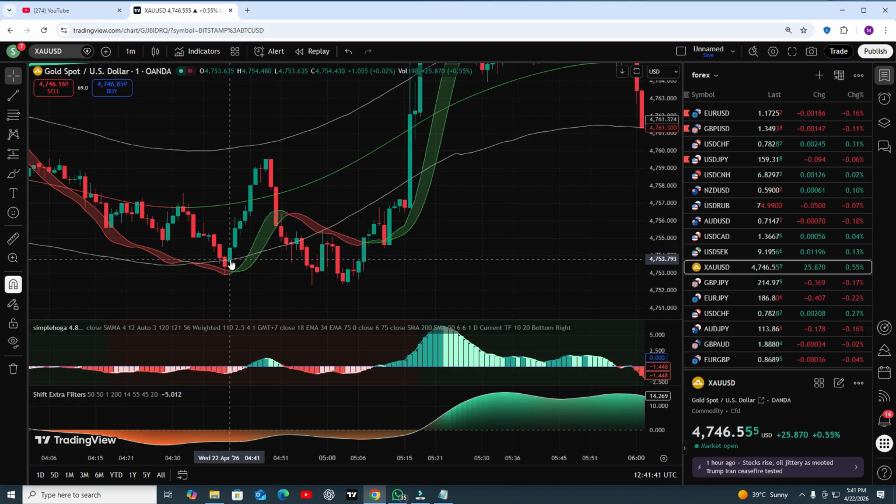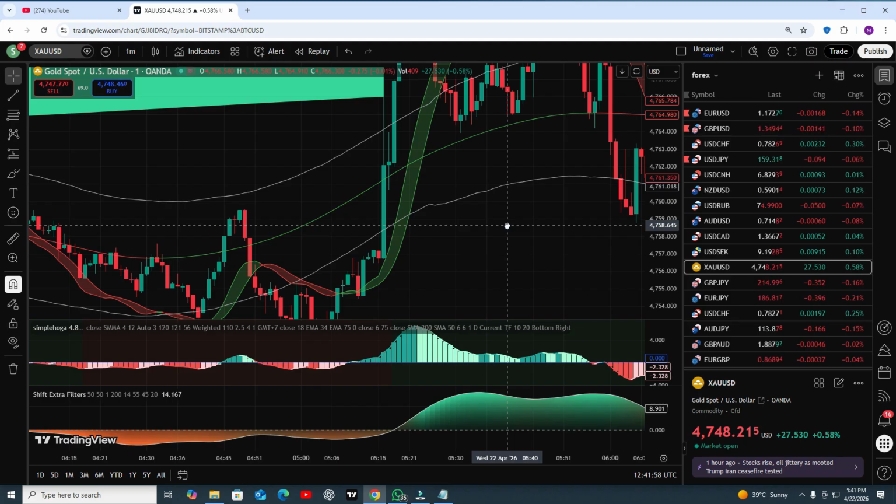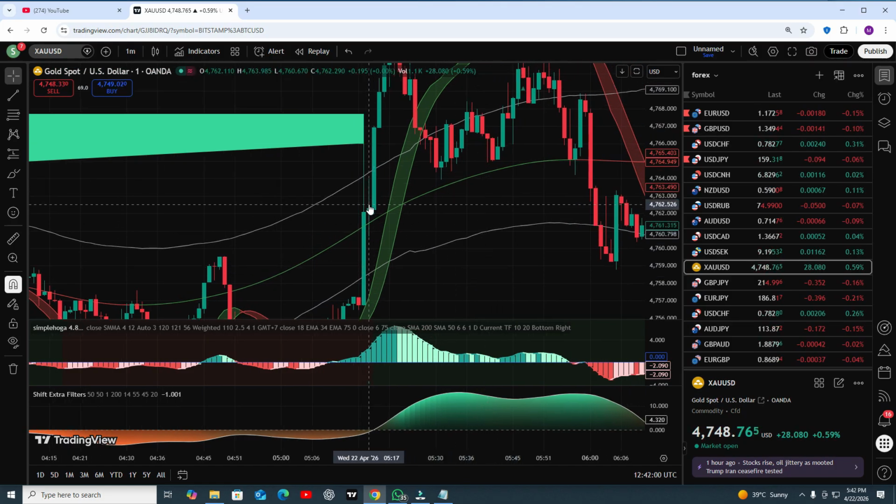Okay, and the candle, yes, the candle did not come below. After touching the RSI, this candle comes upside. So this is your second buy position, and look at the histogram as well. Take profit at this candle. Okay, simple.